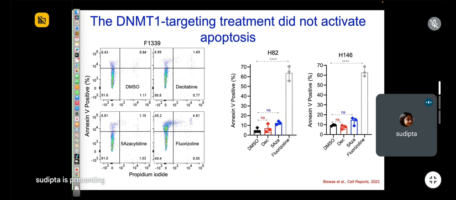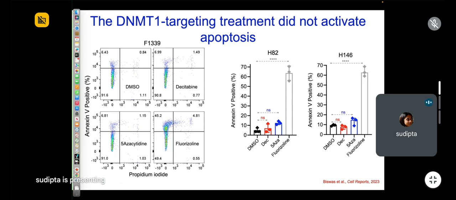Now we tested whether it is causing apoptosis, because since we are using a drug, we don't know if it is also initiating apoptosis or not. You can see here in these cells, this is the vehicle, meaning control, this is decitabine or 5-aza, and this is our positive control. In this quadrant, annexin V will be highly expressed when it is going for apoptosis.